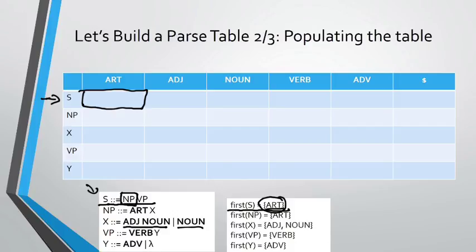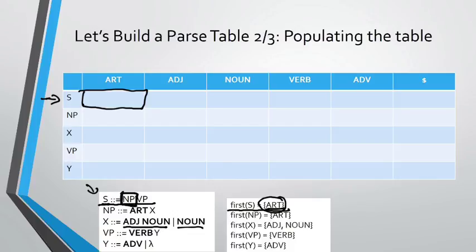So, we looked at the first set for S to determine which columns will actually have productions stored in them for the row for S. And then looking at the productions for S, we can determine which goes where by looking at the first set of the leftmost non-terminals on the right side of the productions.